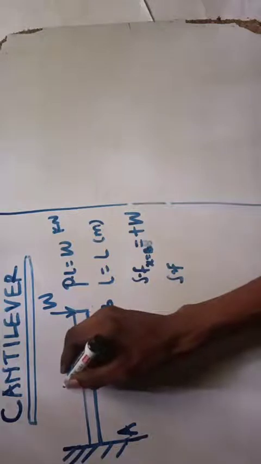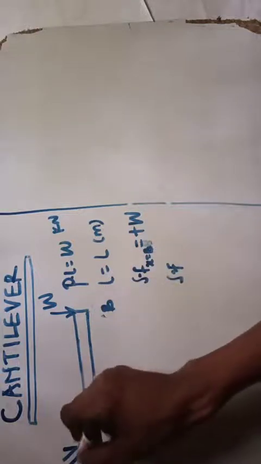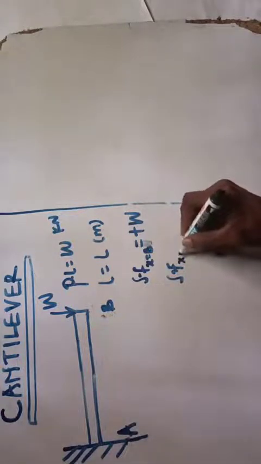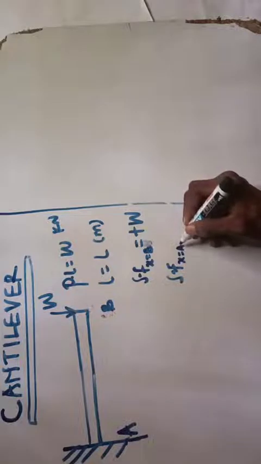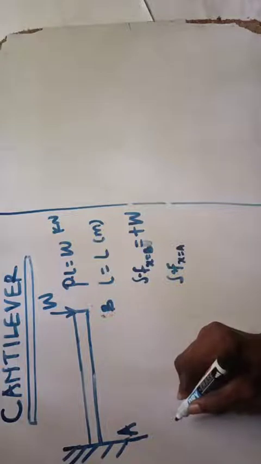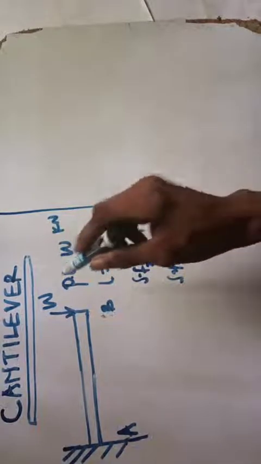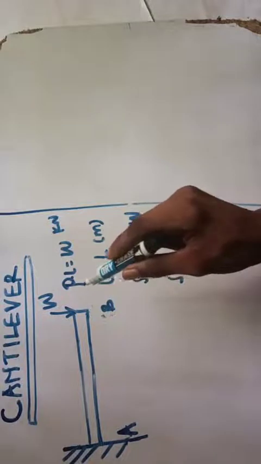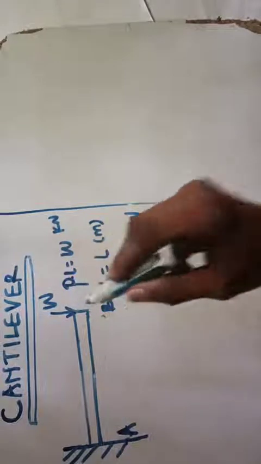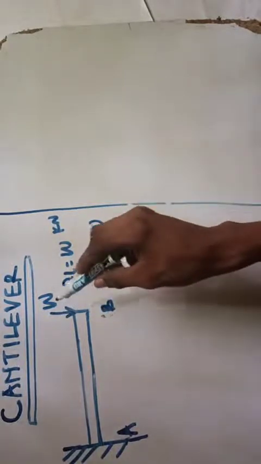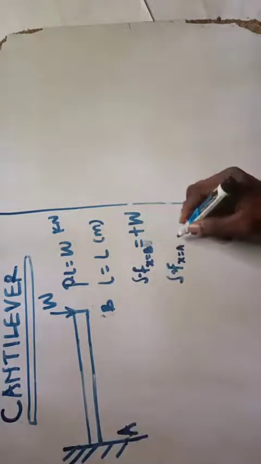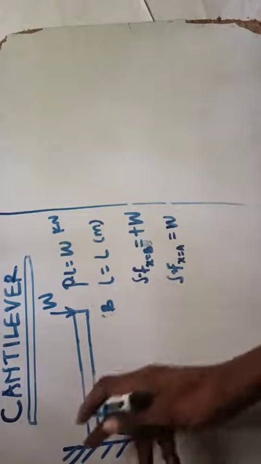At X equals A, it is maximum, but other than there, assuming there's no weight acting on this, it will be 0. What the shear force acting on it is still your W, and till it got here is still the same thing, and at X equals A you see W there.